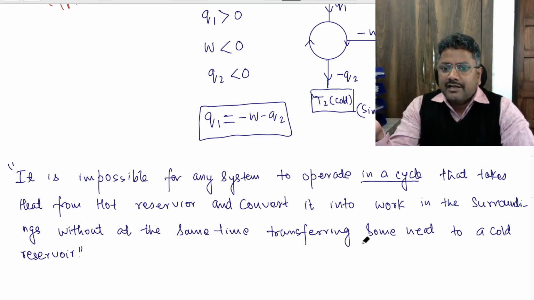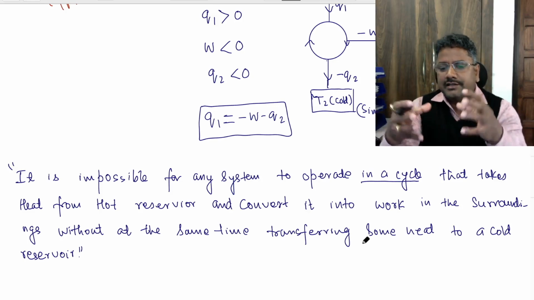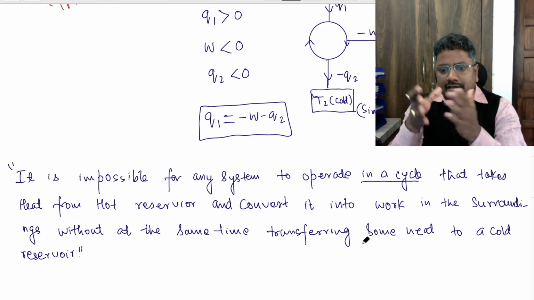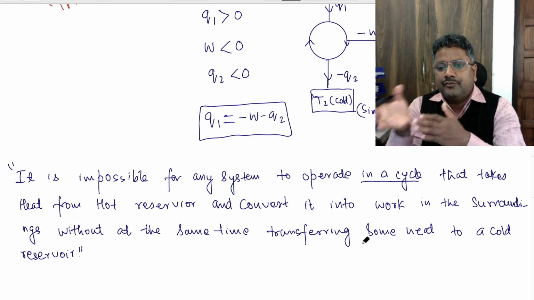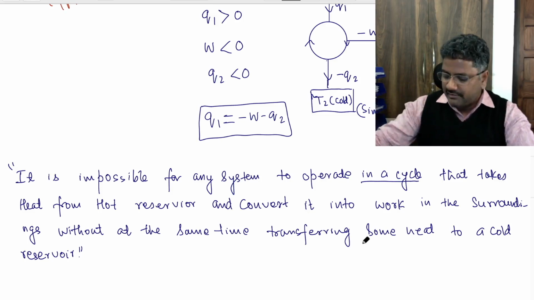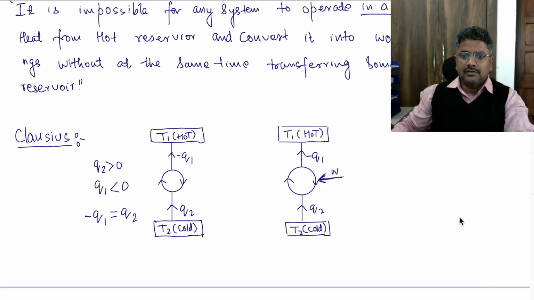Similarly, one more statement is given by Clausius, which is precisely the opposite of this. That is the Clausius statement, which I will also explain, and after that we will take up the heat engine and try to make the definition of entropy from here. Now see the Clausius statement.